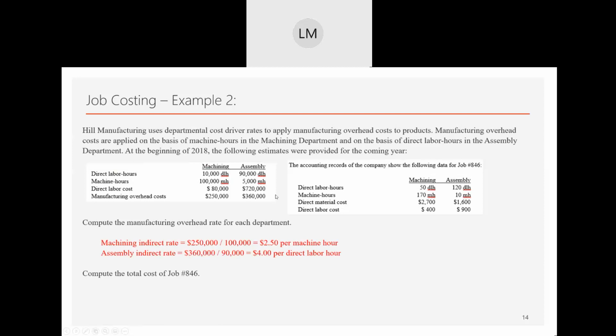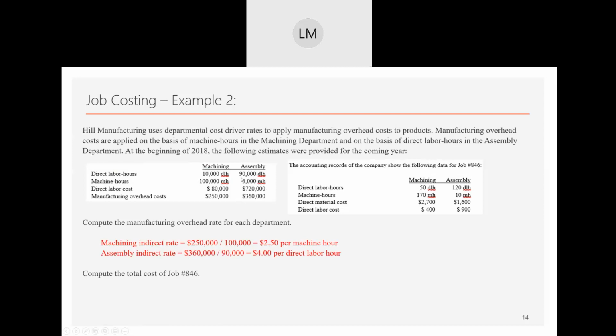Well, in the problem, we're told that overhead is allocated on the basis of direct labor hours in the assembly department. So I'm going to take my manufacturing overhead in the assembly department, $360,000, and spread that out over the number of direct labor hours I expect to incur next year.